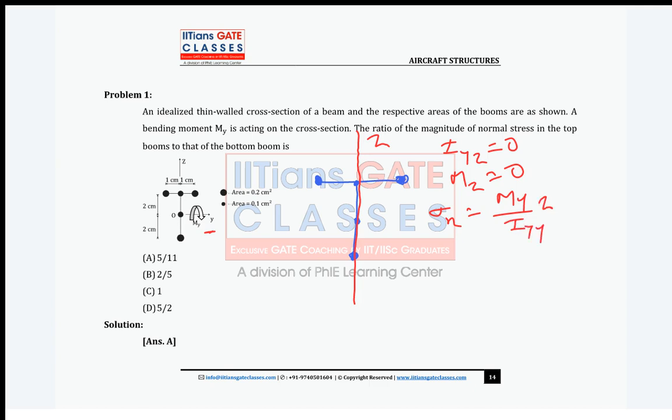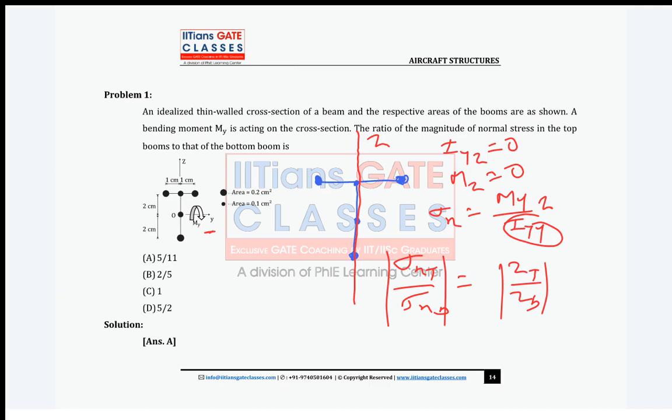Now this z is measured from what? It is measured from the centroid, right? And there is no requirement of finding cross sectional properties, inertia, area moment of inertia. Why? Because they ask the ratio of sigma x top upon sigma x bottom, magnitude. Clear? Now Vignesh, we know my centroid is not O, right?